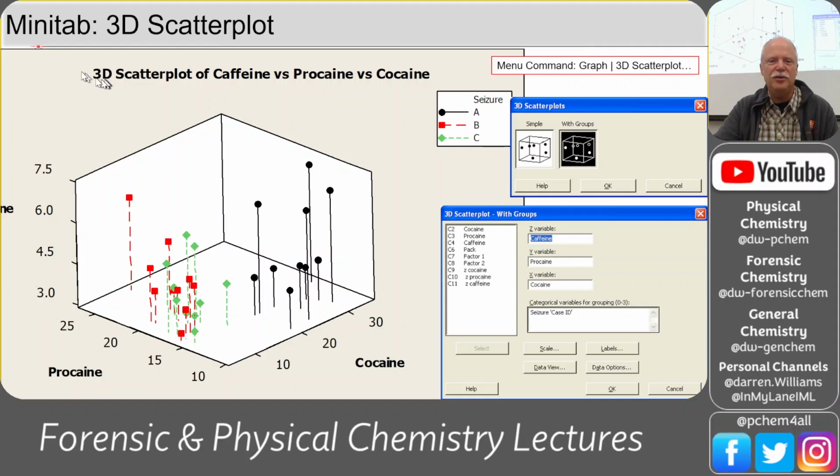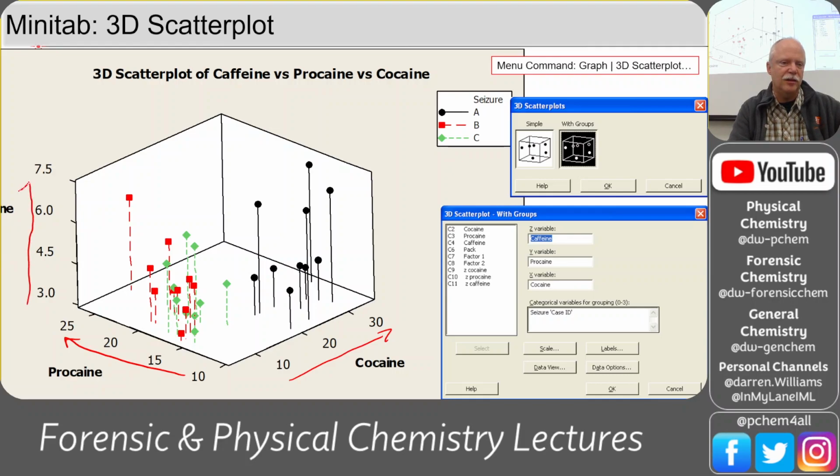And what conclusions can we make from this 3D scatter plot? So here on this axis we have cocaine, so it's going up in this direction. Procaine is going up in this direction. And caffeine, it's kind of cut off the page. I wanted to make the data panel as large as possible, so I cut off the caffeine. And so going up in this direction.